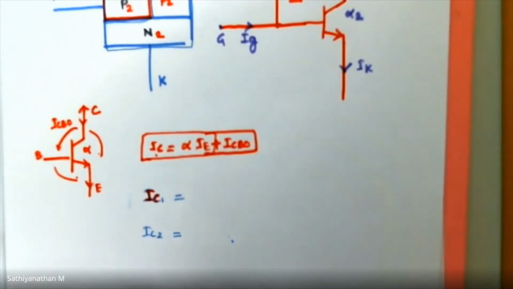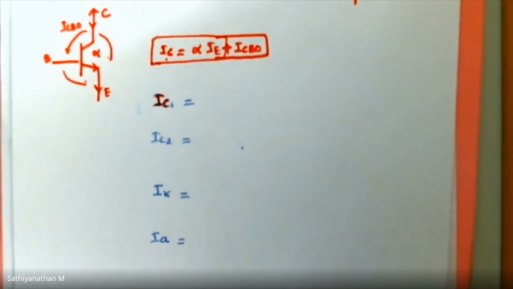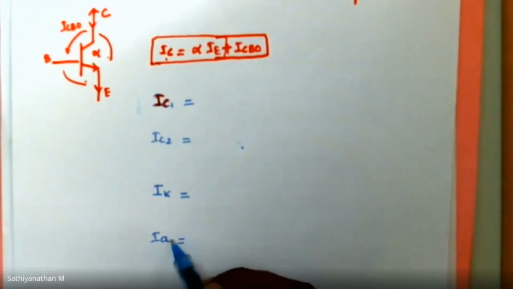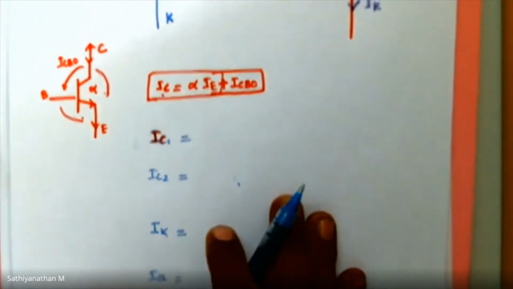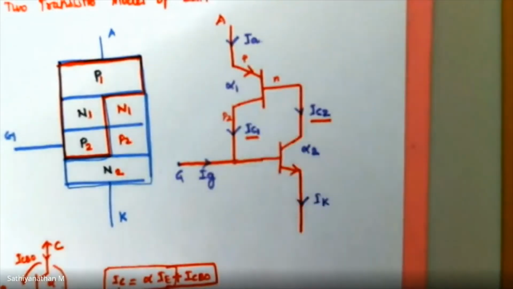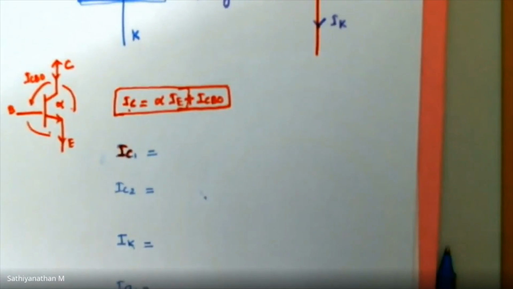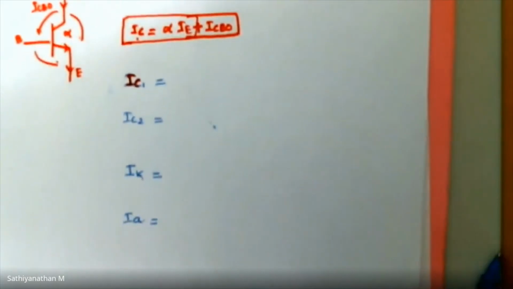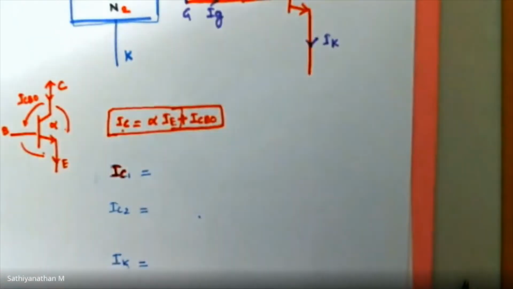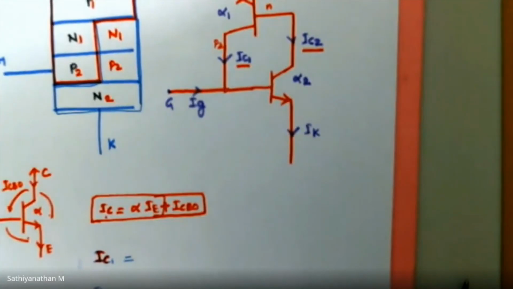Finally, we need to know what IK and IA are, how the anode cathode voltage is related to this amplification factor, and how we can define the turn off or turn on process of the device in terms of alpha 1 and alpha 2. So this we will see in the next class.